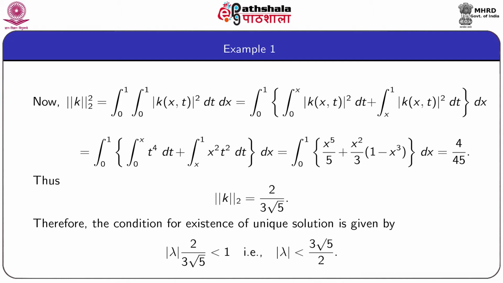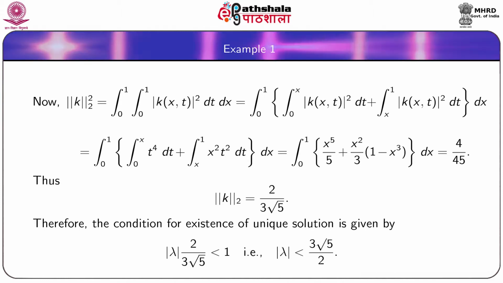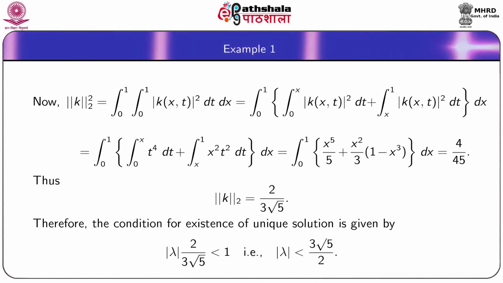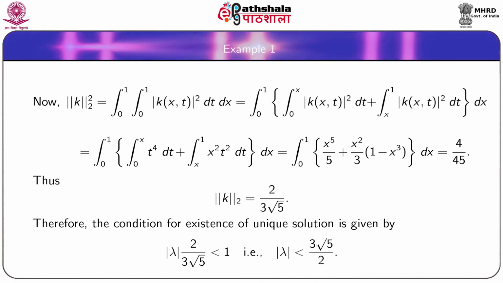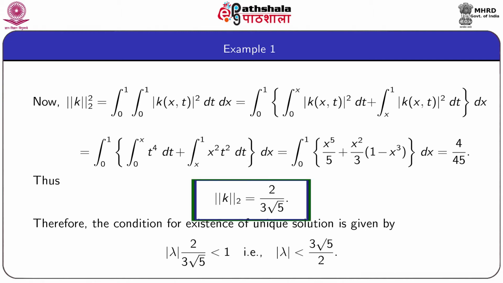so that in place of the integral 0 to x, we replace this k(x,t) square by t square, and in the second integral where t is greater than x, we replace the kernel k(x,t) by xt, so that this can be simplified to obtain norm of k2 equal to 2 by 3 root 5.